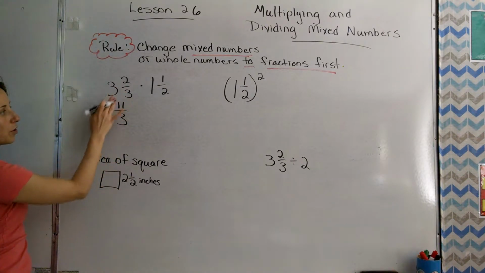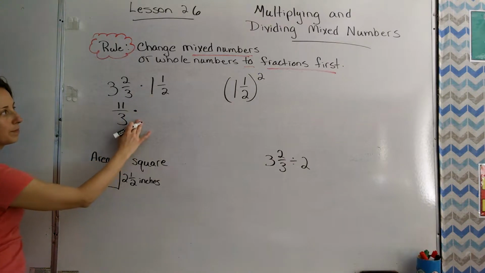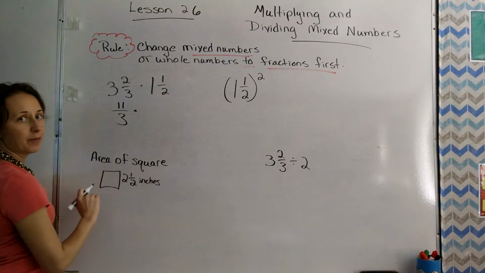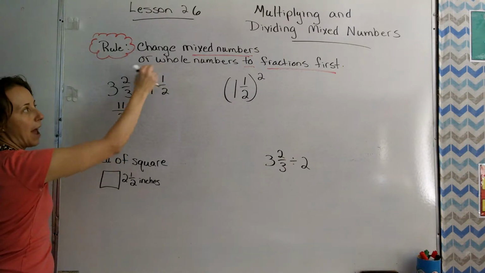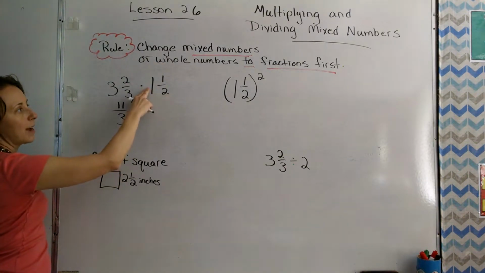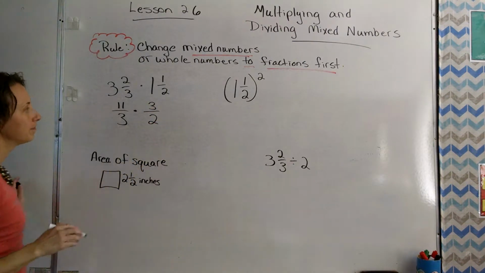So 3 2/3 can also be written as 11/3, times 1 1/2. Take the denominator, multiply times the whole number, add the numerator. 2 times 1 is 2, plus 1 is 3, halves.